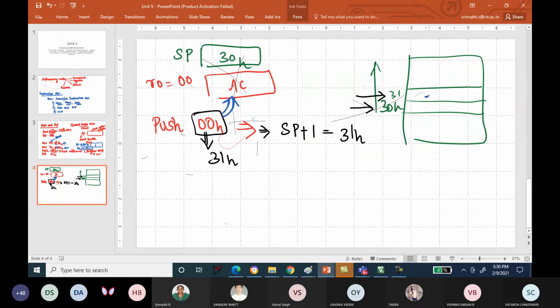Now your stack pointer is 31, and then it will push the value available in 00H to the currently pointed position of the stack, which is 31H. Whatever value is in 00H will be transferred to 31H. Now what will be there in 31? AC. Is it clear what I am telling?